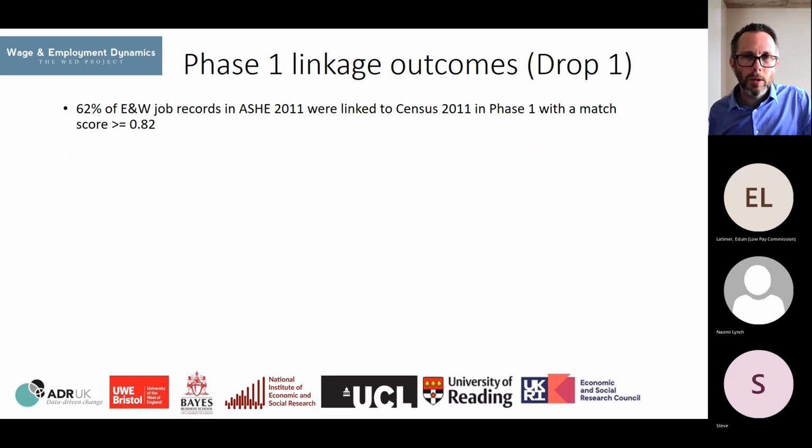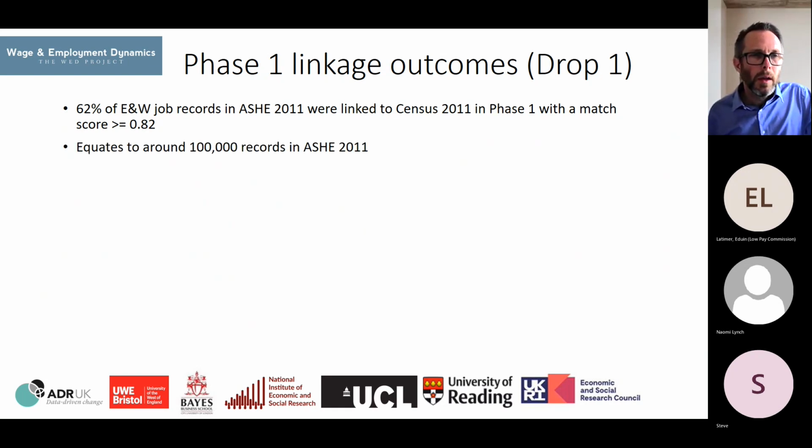And those records were released in the drop one data set. And I'll go on to talk about drop two in just a moment. Okay, so you've got a linkage rate of 62%. That equates to around about 100,000 records in ASHE 2011.